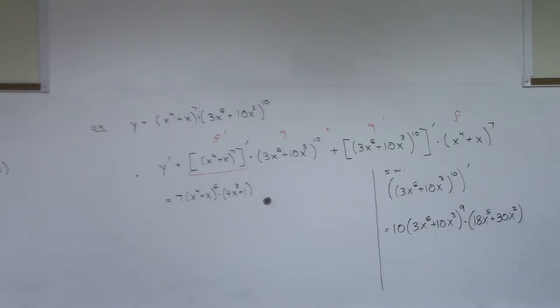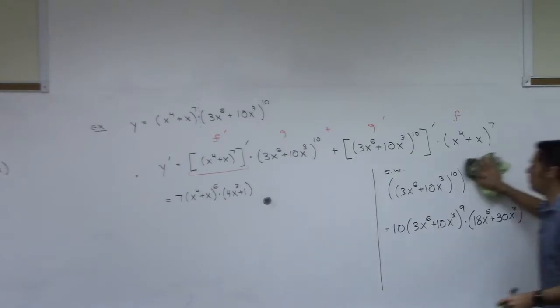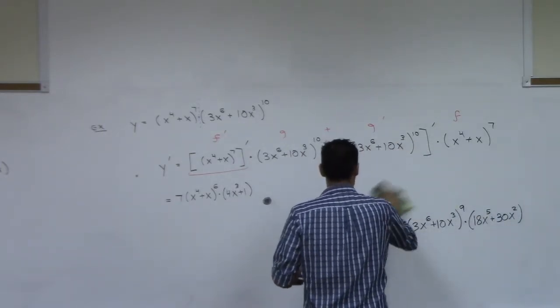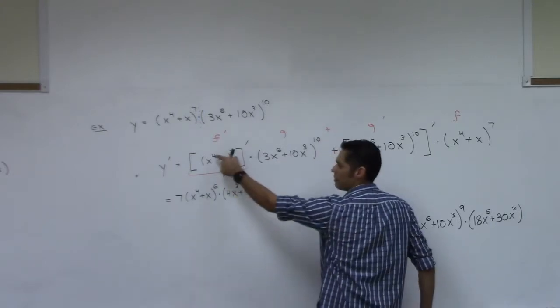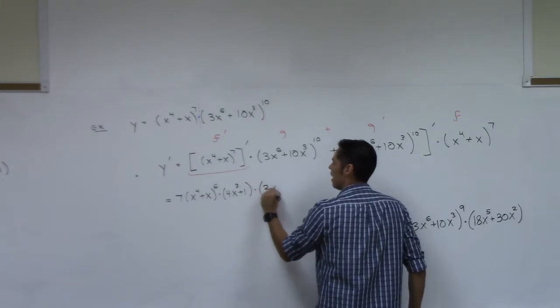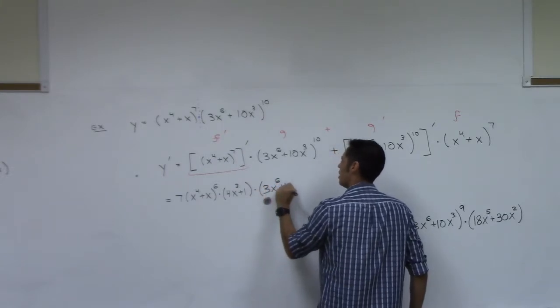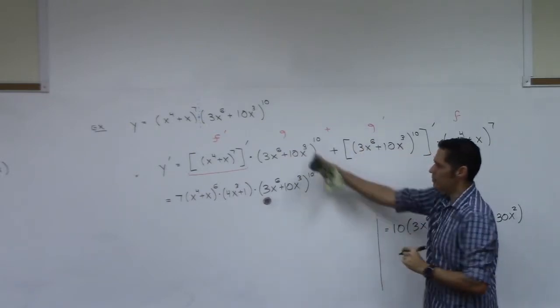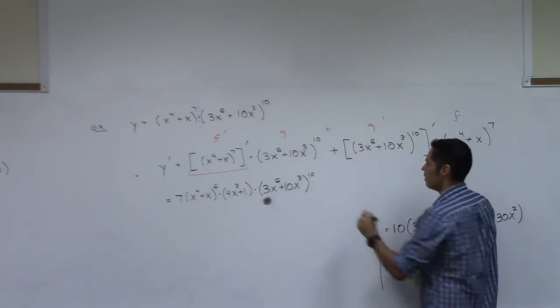Okay, I'm ready to write this derivative out. Here we go. I'm going to save that right there because I'm going to need it. All right, so I had the derivative of this. We already got it. Times 3x to the 6th plus 10x cubed to the 10th. That just came right down. Never even did anything with that.